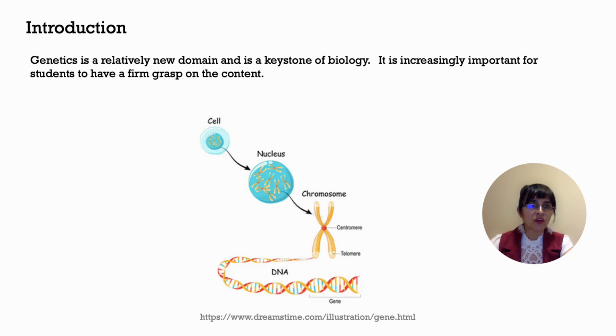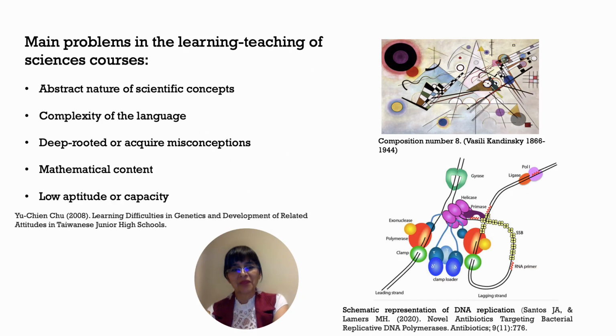However, there are a series of factors that reduce the learning of genetics, and of course, the number of failing genetics exams increases. Let's see the factors. The main problems in learning and teaching of science courses are the following. First, the abstract nature of scientific concepts.